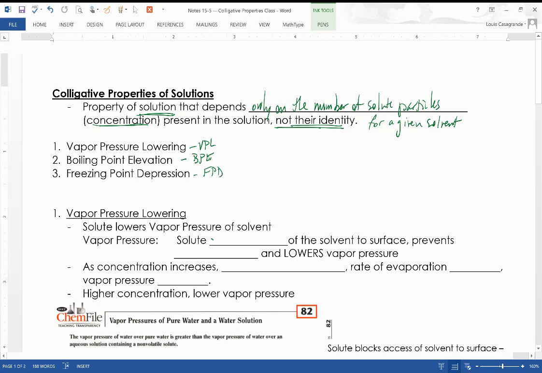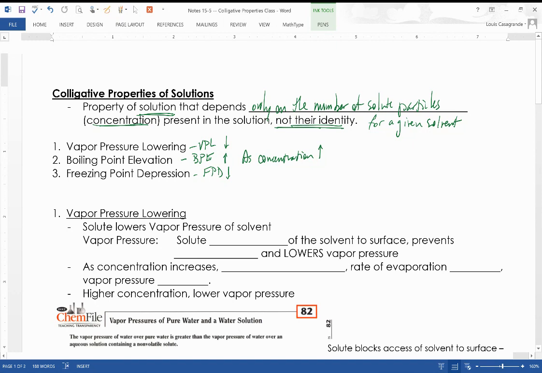And pay attention to those words. Lowering means that the vapor pressure goes down. Boiling point elevation means the boiling point goes up. And freezing point depression means that the freezing point goes down. And this is all as the concentration goes up. Okay, so remember the directions of those arrows. Those are the effects that we're going to be talking about.